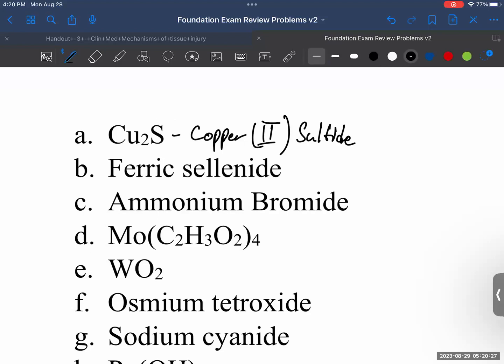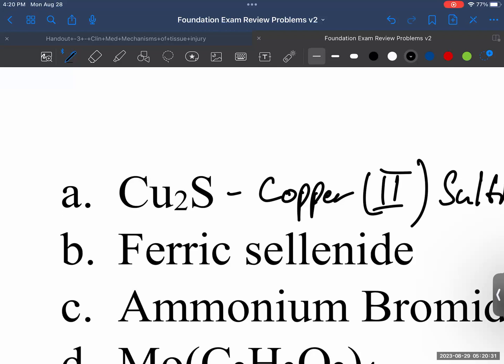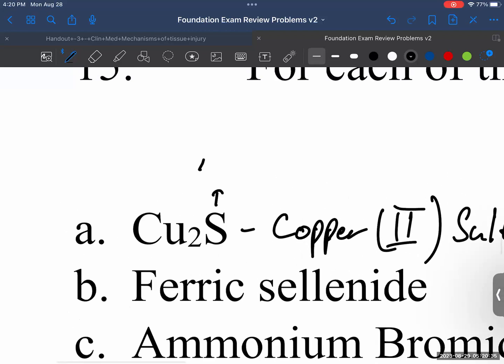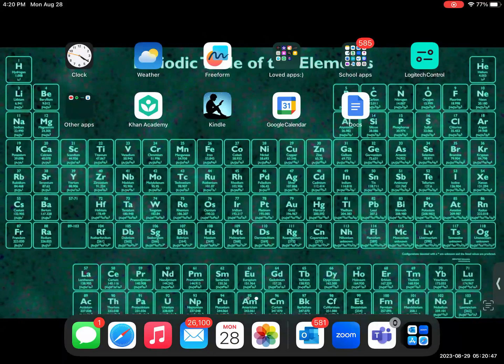All right, so here's a good thing, we're going to do the good old method. Sulfur has what charge? -2. So 2 minus. And where do you get that from? For those of you who do not know where that 2 minus charge comes from, you can look at your periodic table right here. The column it's in tells you the particular charge.